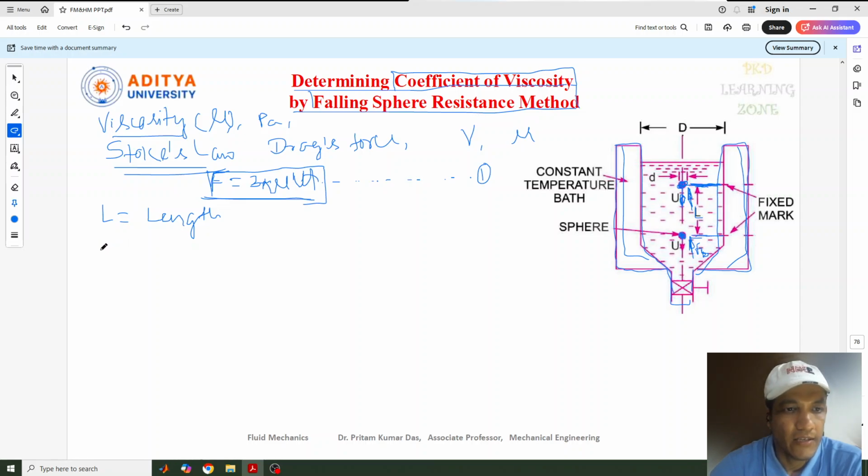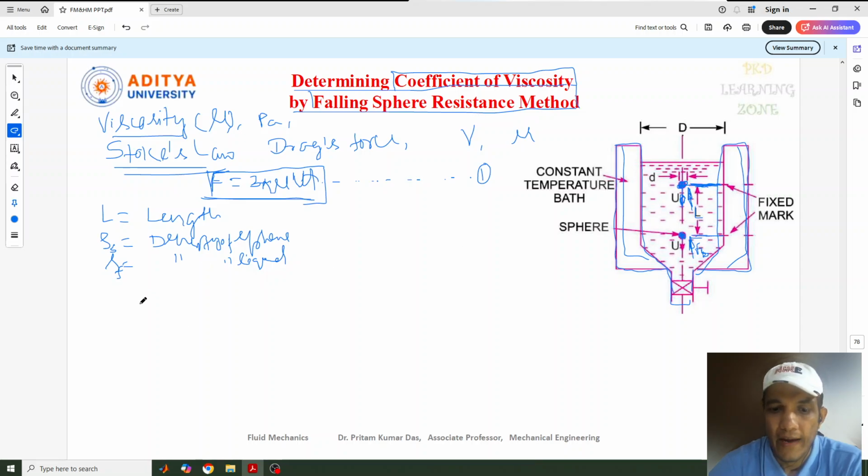And next, rho s, that is density. We know that rho is density, and rho s is the density of the sphere. Similarly, another rho we can consider, that is rho f, the density of the fluid. This is the density of the sphere, and this is the density of the liquid or fluid.